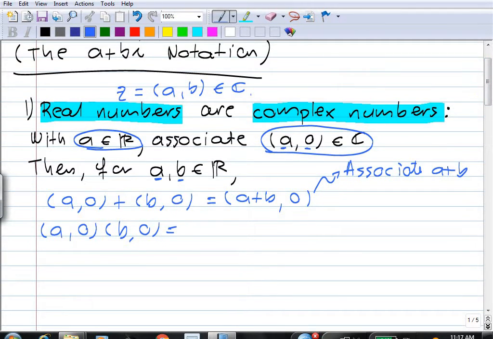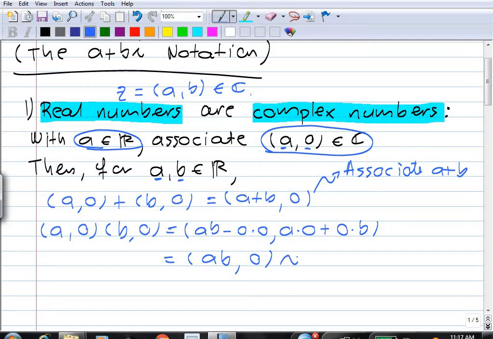Okay? And if we do multiplication, well, what are we going to get? Well, it's going to be ab minus 0 times 0, and then we have a times 0 plus 0 times b, so that gives us (ab, 0).